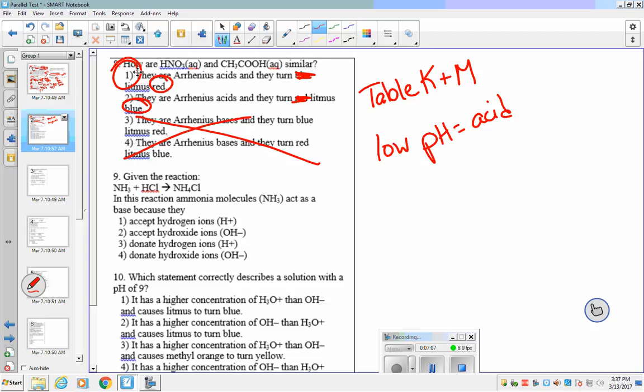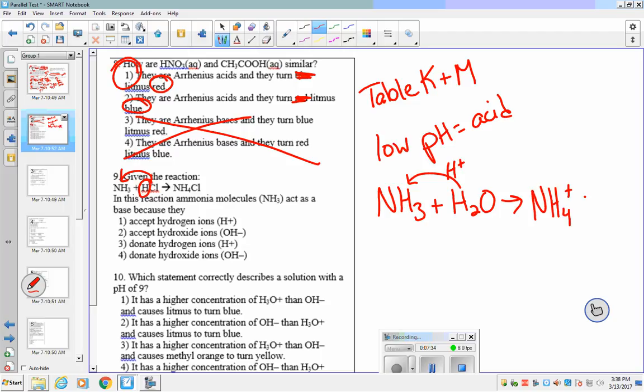Given the reaction, NH3 plus HCl makes NH4Cl. What's going to happen here, this H and the Cl are actually both sticking themselves onto ammonia. The reaction that we looked at before looks a little bit different than this. We have that one H that goes over there, so we end up with NH4 plus and OH minus ions.